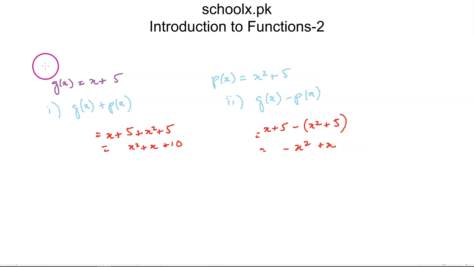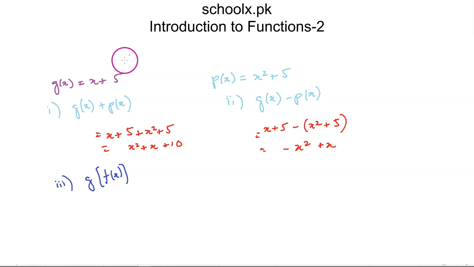Now if we are asked to put the output of one function into the input of the other function, for example, they have asked us to find g of f of x.